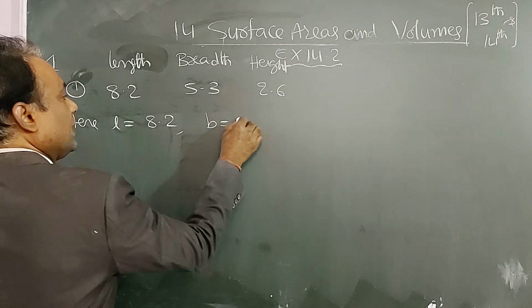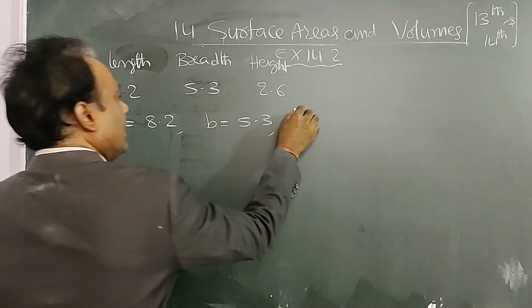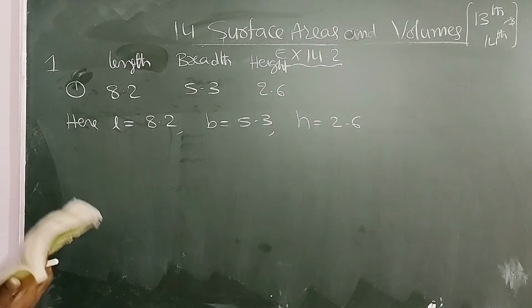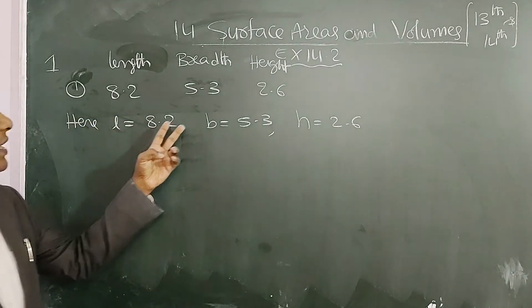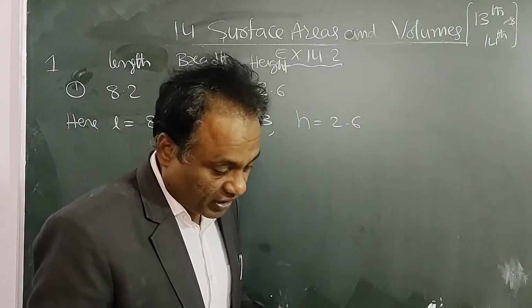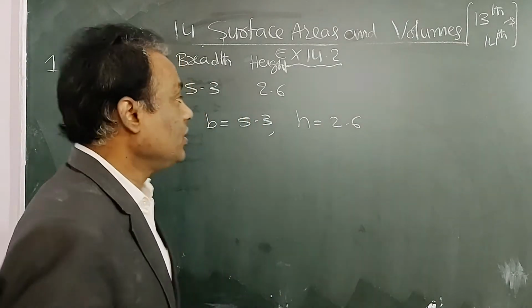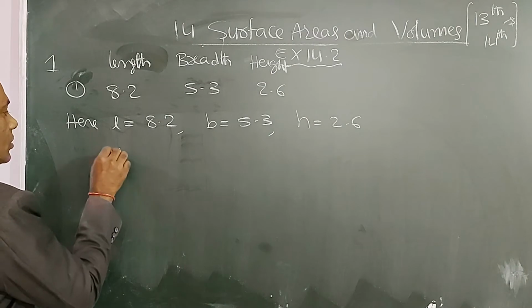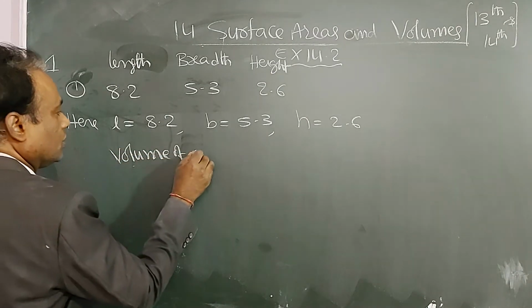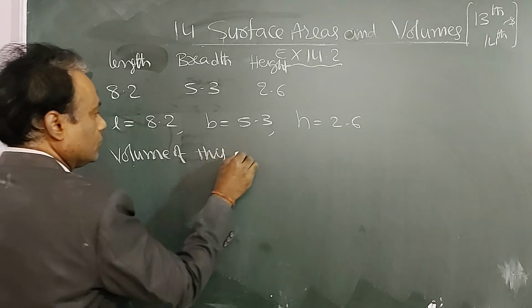Breadth symbol is B. Height symbol is H. Length is 8.2, breadth is 5.3, height is 2.6, and what is the question? Find the volume of this cuboid.